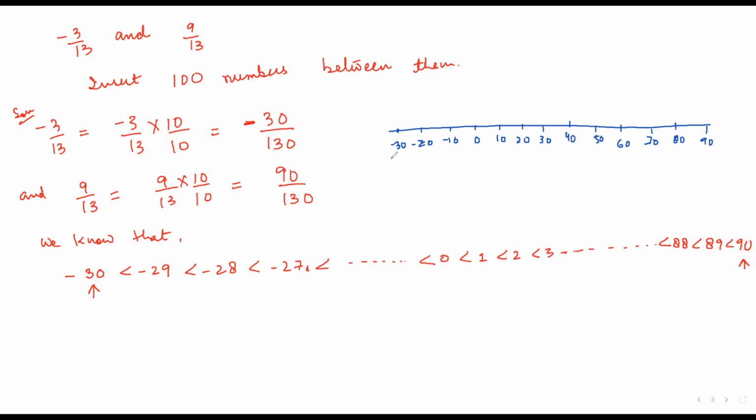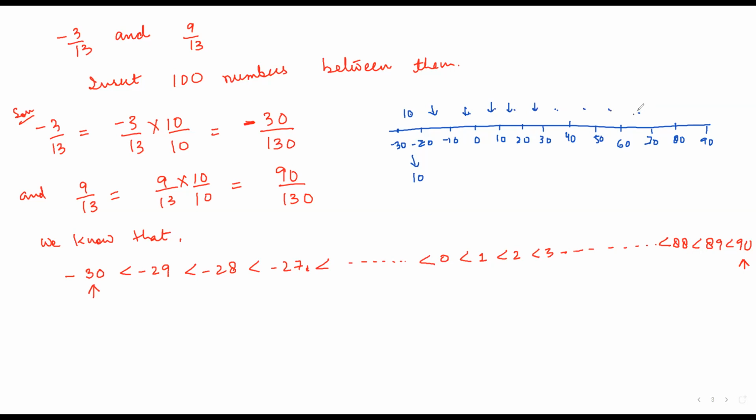So how many numbers do I have? See, from minus 10 to minus 20, how many numbers? 10 numbers, right? So each interval has 10 numbers between it. So 10, 20, 30, 40, 50, 60, 70, 80, 90, and 100.